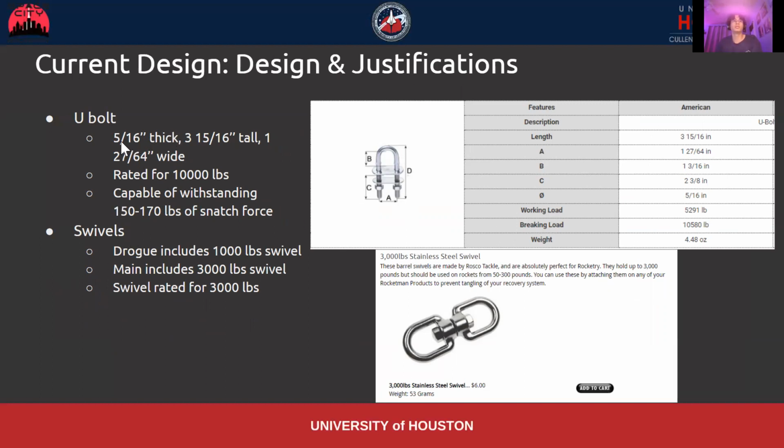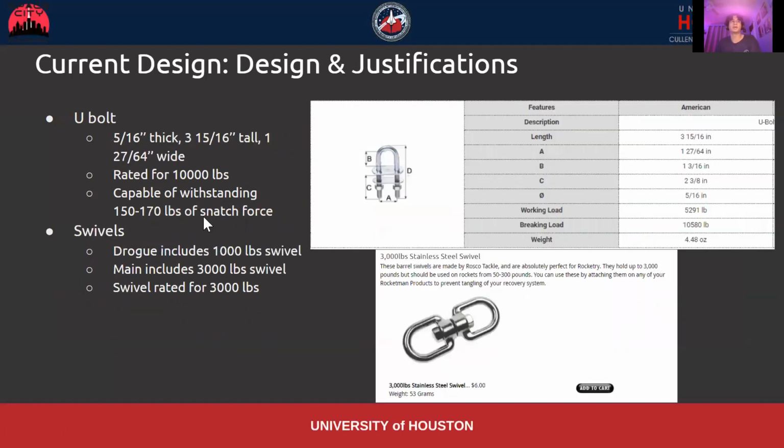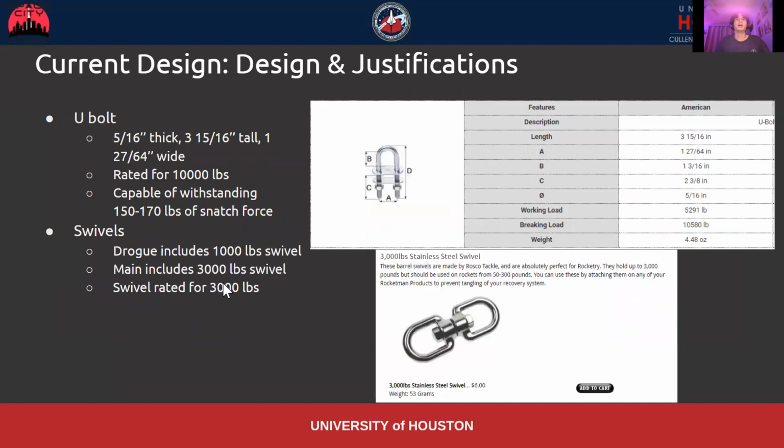But yeah, the U-bolt you can see is 5/16 inches thick, and then the opening is 0.38. 5/16, let me see if I can find my calculator. I know it works, I just, yeah, it's 0.31 inches, and then this one's 0.38, so it should work.